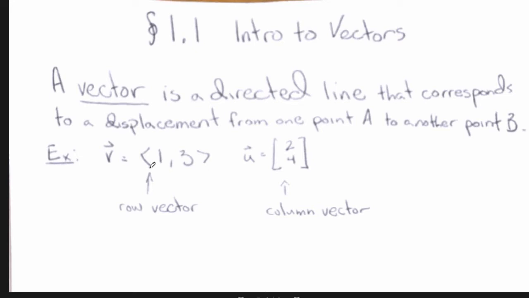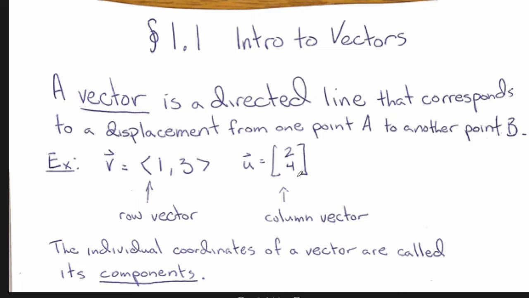What we call these horizontal vectors are row vectors, and you'll see those more in multivariable calculus. In linear algebra, we mostly deal with column vectors. So u here would be a column vector. And then the individual coordinates of a vector are called the components.